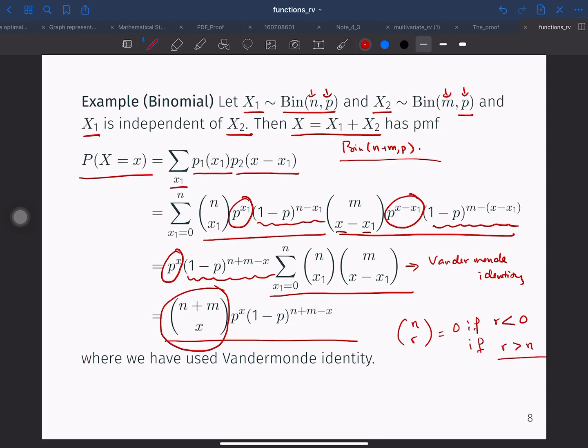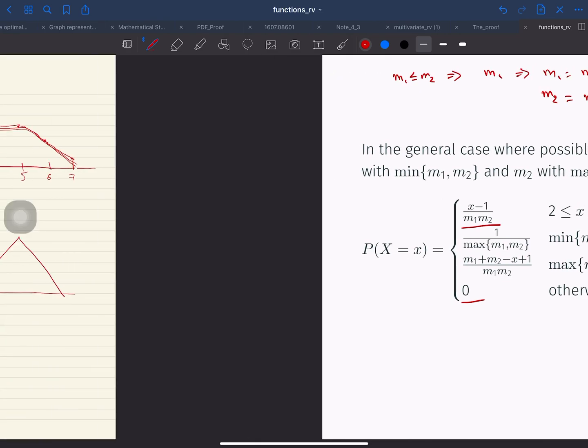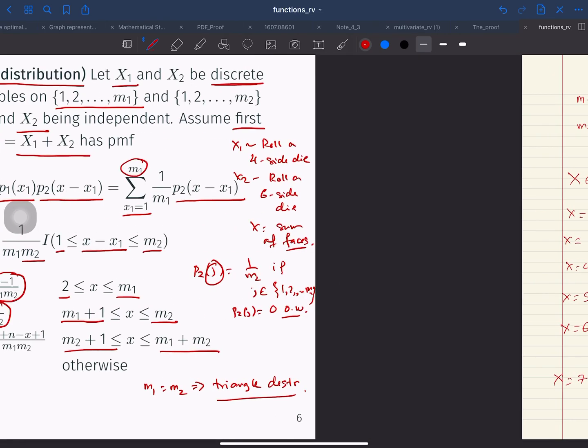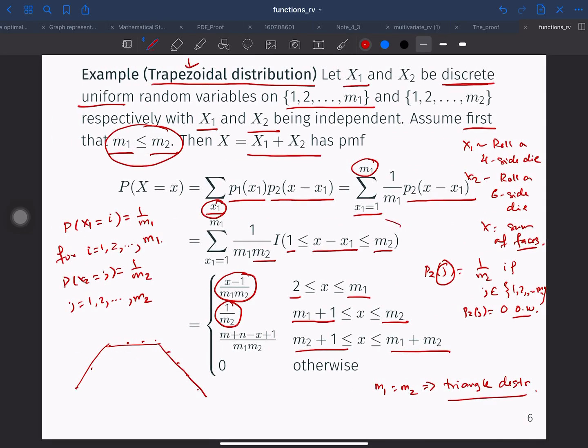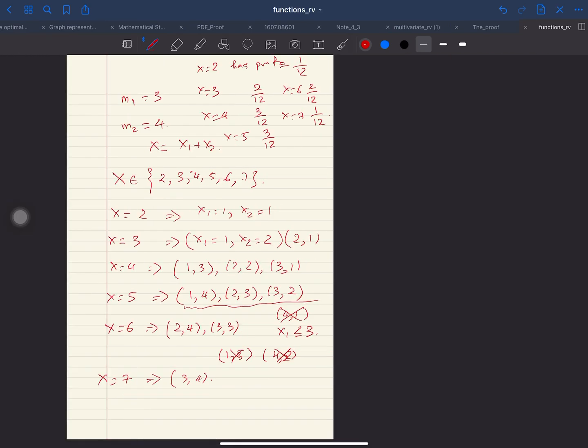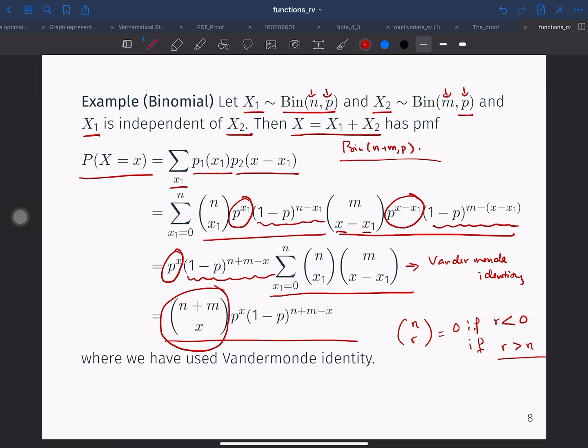I don't have to worry about the limits of summation. Earlier, when I was doing the discrete uniform, I had to worry about this limit of summation, and that creates a bit of a mess. I have to try to keep track of it. But here, in the binomial, by using this convention, I don't have to worry about the limit of summation, and things turn out to be easy.